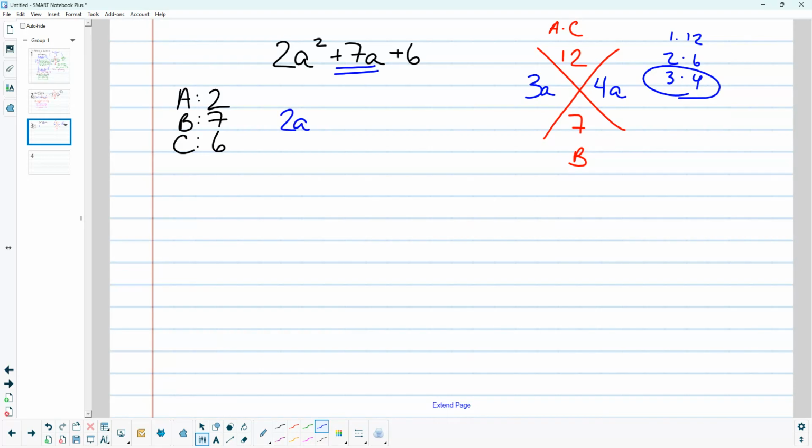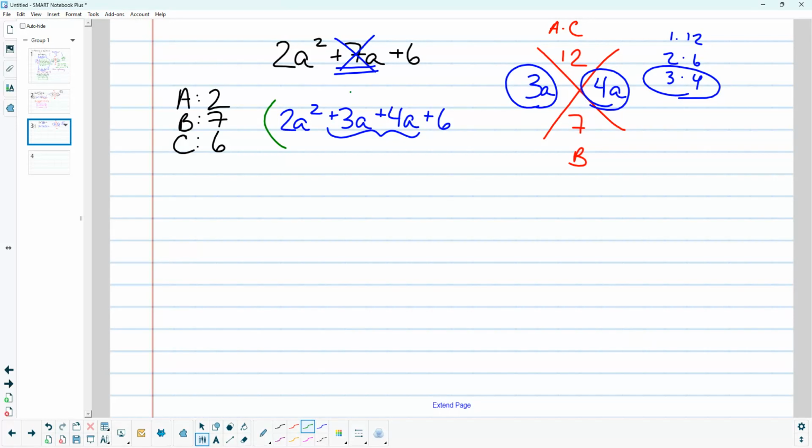So we have 2a squared plus 3a plus 4a plus 6. Okay, and by now, again, you should be good with the fact that these 2 are coming from here and replacing this term. Now we're going to factor by grouping.